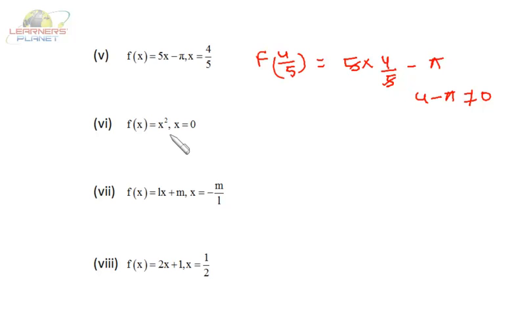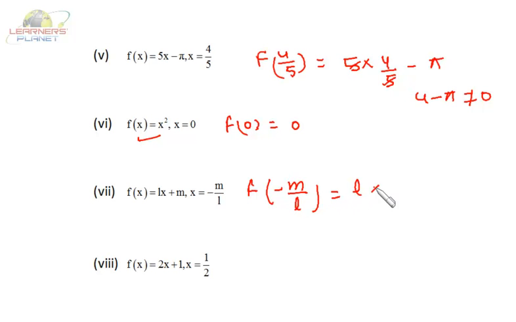Okay. Similarly in this case, let's calculate f of 0. So it's 0 square, that means 0. That means 0 is the root, or we can say 0 of this polynomial. Okay. In this case, x is equal to minus m by l. Just put the value of x as minus m by l.